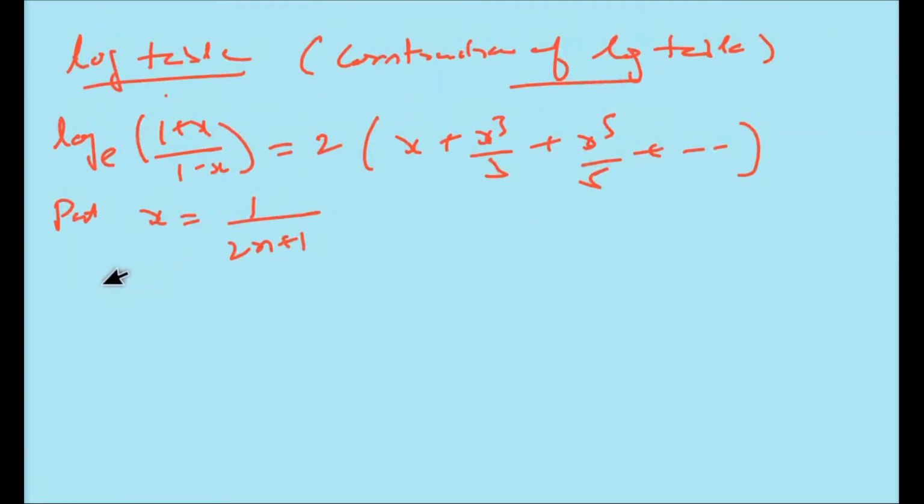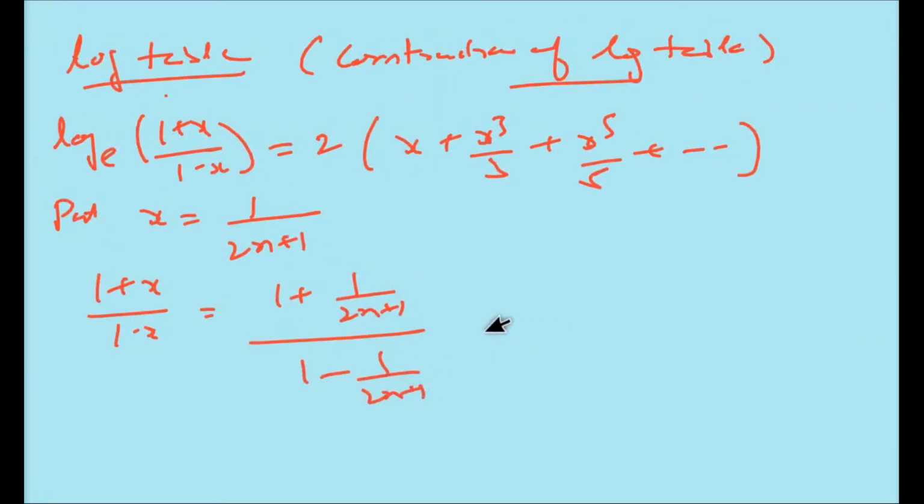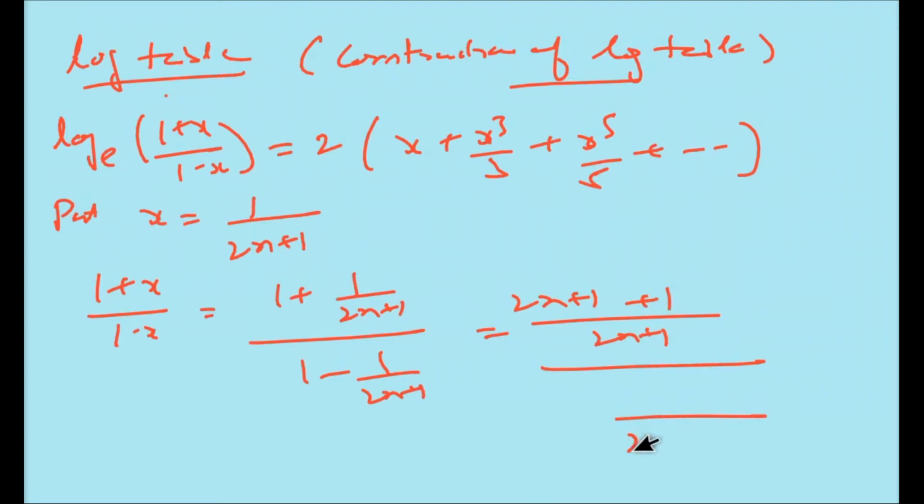We get here (1 plus x) upon (1 minus x) as (1 plus 1 upon (2n plus 1)) upon (1 minus 1 upon (2n plus 1)). Taking the LCM, 2n plus 1, we got this, and taking the LCM here, what we are left with is (2n plus 2) upon 2n, and the LCM cancels out.